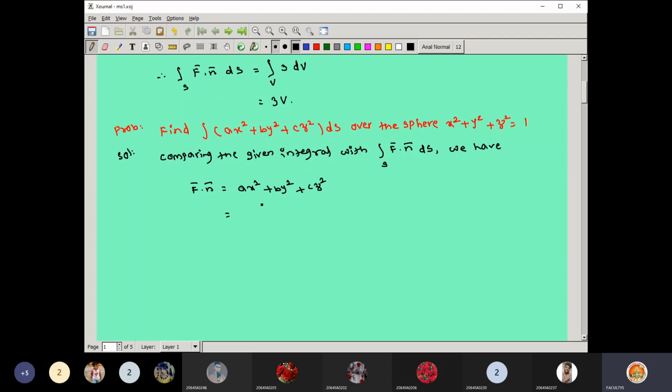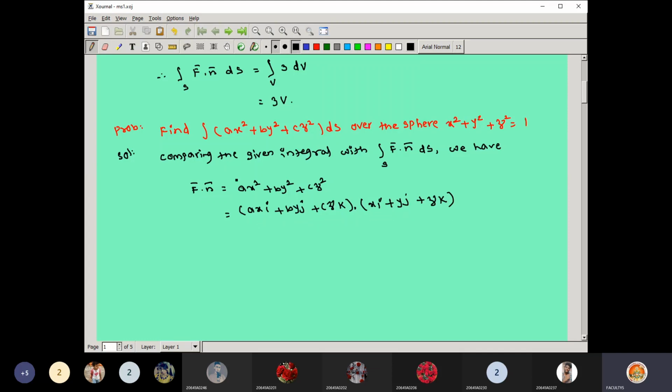So this we have to simplify. It is the product of f bar and n bar. Instead of writing a into x into i plus byj plus czk, I write this as a dot product with another vector that I denote as xi plus yj plus zk. So I am splitting the given expression into two parts: one part axi plus byj plus czk and another part xi plus yj plus zk.